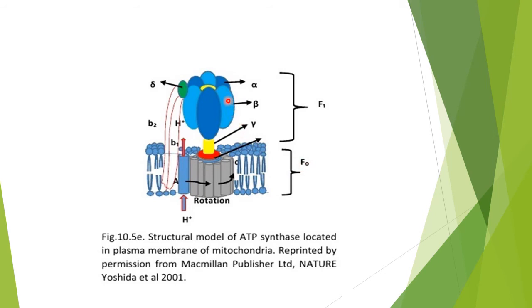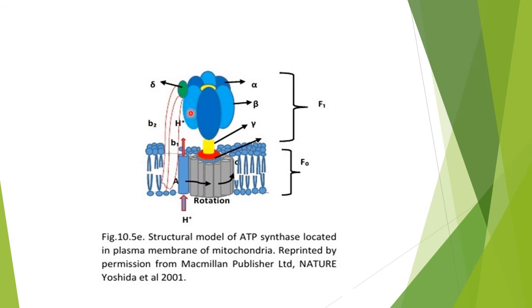It is made up of 3 alpha, 3 beta, and then there are also other proteins, and the central hub is there, which is connecting it through this. And then there are also present at the base a number of these proteins, which are A, B, C, arranged in such a fashion, and then there is also one stalk from the membrane, having B1, B2 stalk and joined with this protein.